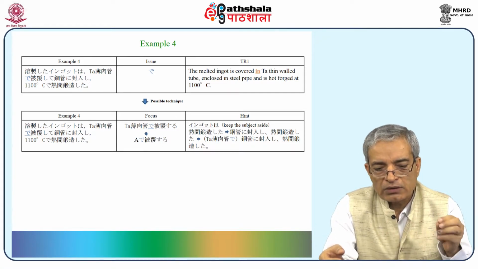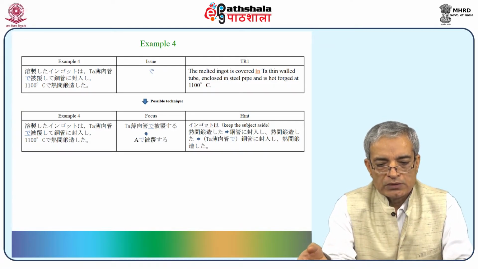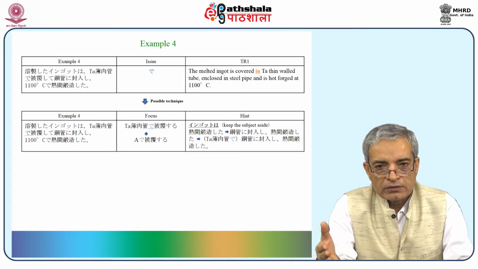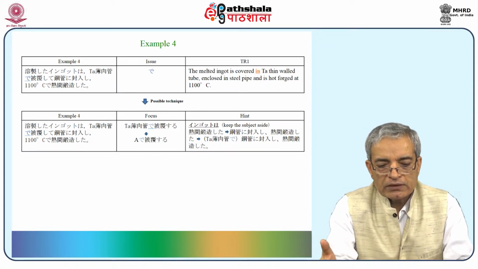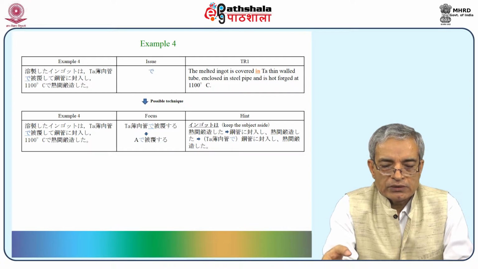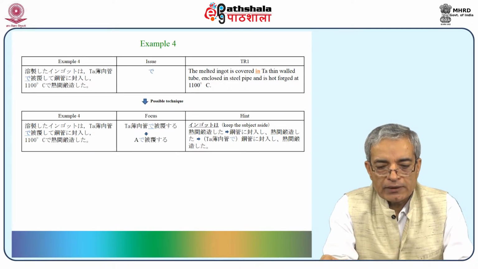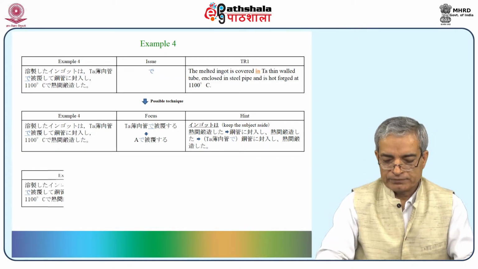Nekkan means hot or under hot conditions. Tanzoshita, forged. Kokanni funyushi nekkan tanzoshita. Forged, hot forged. Before that, sealed or put inside a steel tube. Tie usuniku kande kokanni funyushi nekkan tanzoshita.